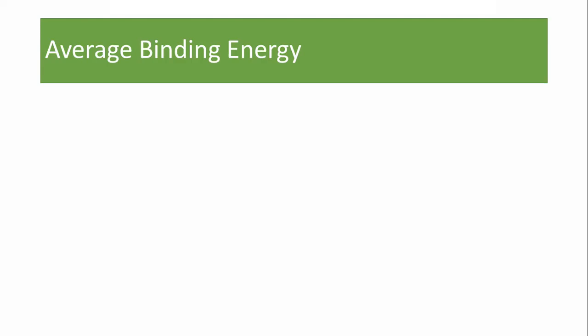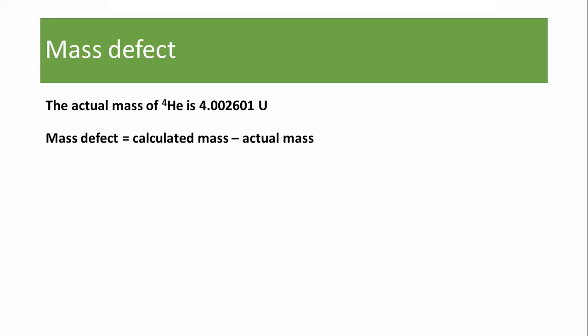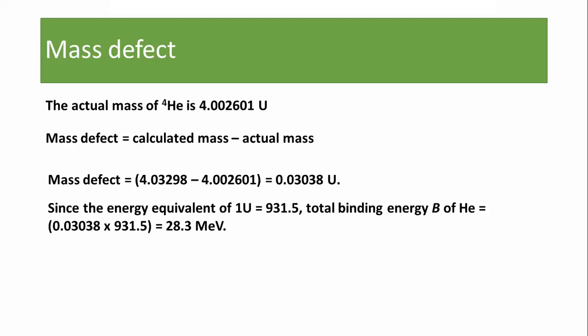If you calculate the binding energy, the binding energy will also increase from hydrogen to uranium, because the difference between the actual and the calculated mass will be increasing.